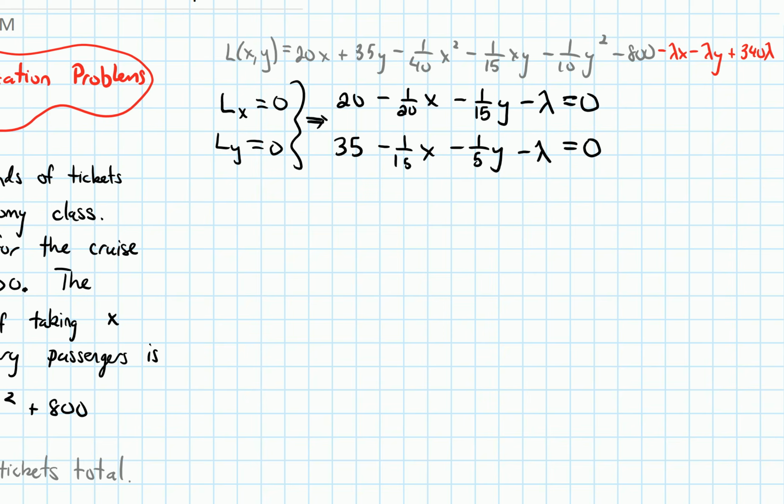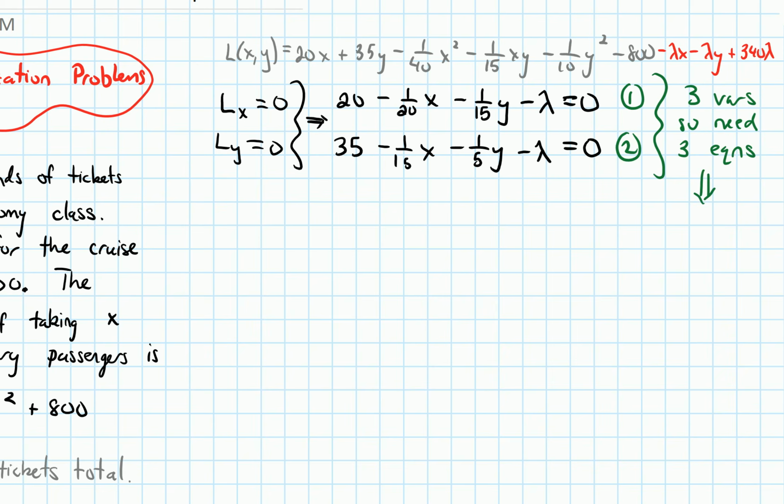Okay, so we took these partials, and looking at these two equations, actually let me number them. This is equation 1, this is equation 2. There is an x, a y, and a lambda. So there are 3 variables. So we need 3 equations, but we just have 2 right now. Well, actually, we do have a third equation.